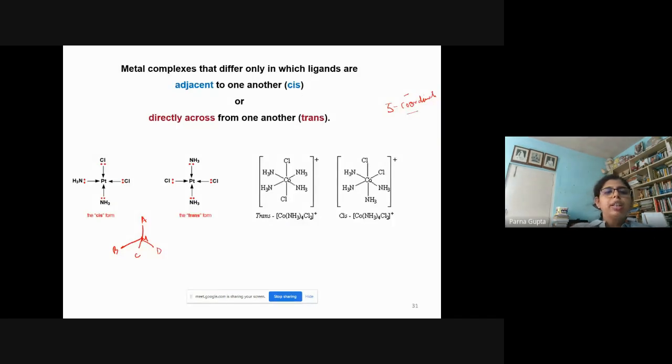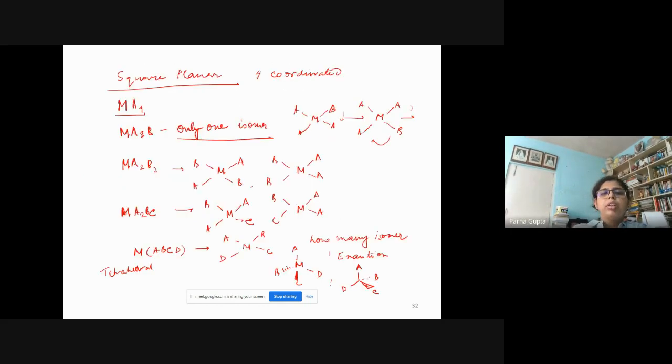So these are the examples for 4 coordinated, and this is for 6 coordinated cis and trans isomers. This is very important.